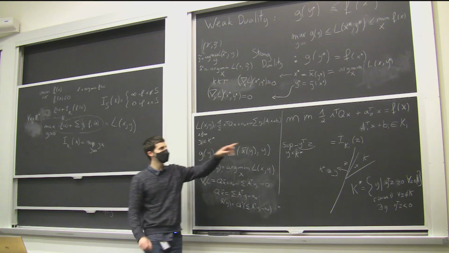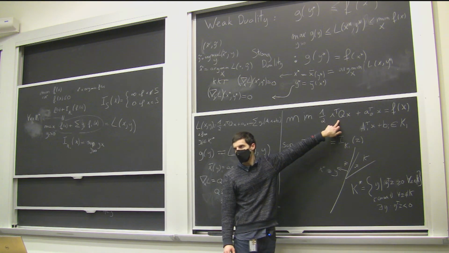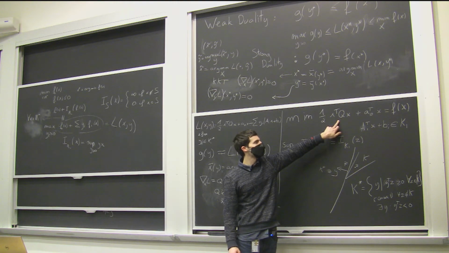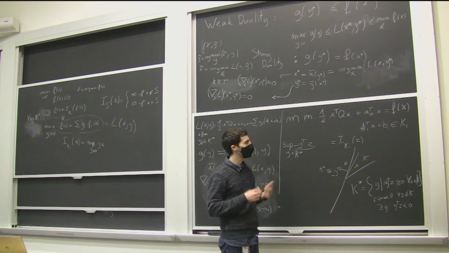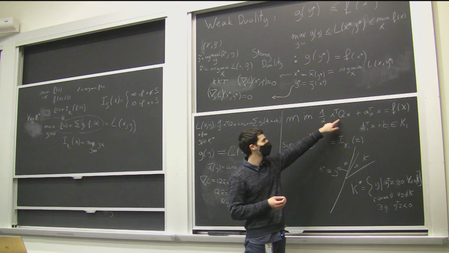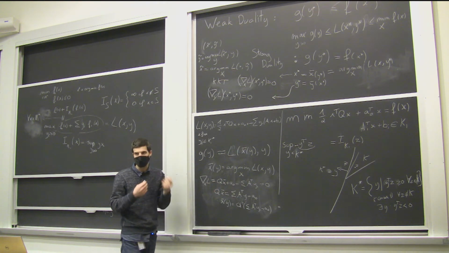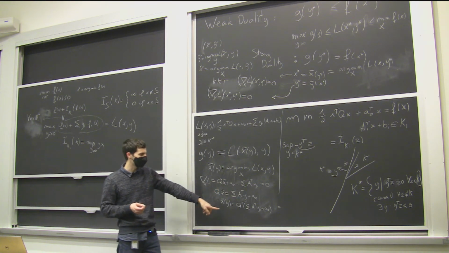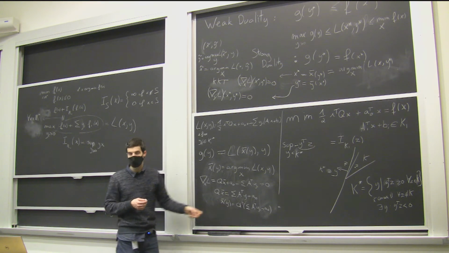So if in your QP Q was invertible, so usually we're interested in convex QP because these are convex programs. In that case, usually Q has all its eigenvalues strictly positive, and so you can take the inverse of Q. And so you can find explicitly this x bar of y.